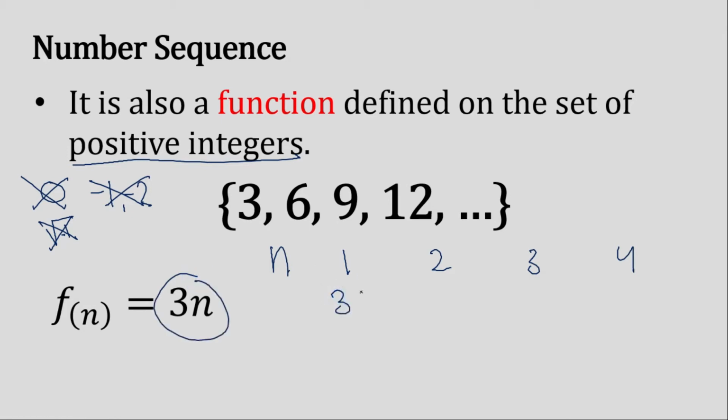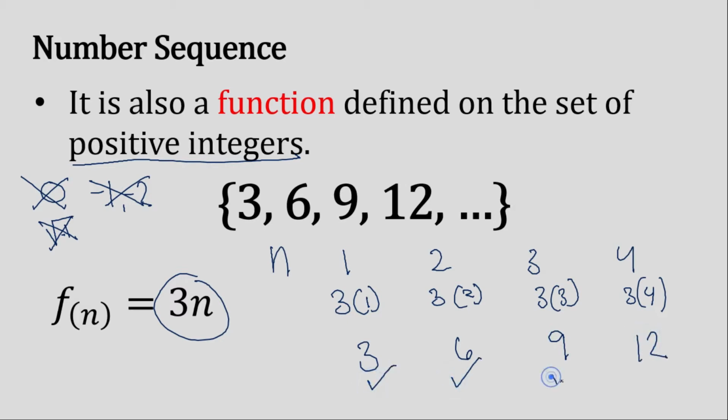So we have 3 multiplied by 1, 3 multiplied by 2, 3 multiplied by 3, and 3 multiplied by 4. So 3 times 1 is 3, 3 times 2 is 6, 3 times 3 is 9, and 3 times 4 is 12. Therefore, we get the sequence 3, 6, 9, 12. So therefore, this is a function of this sequence.